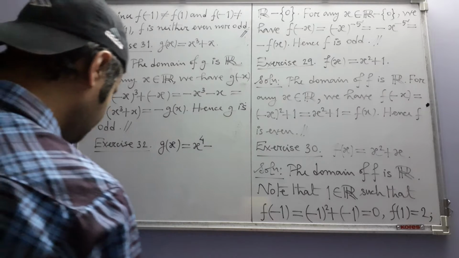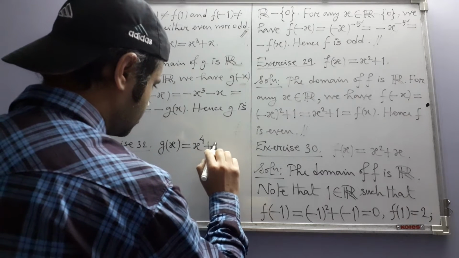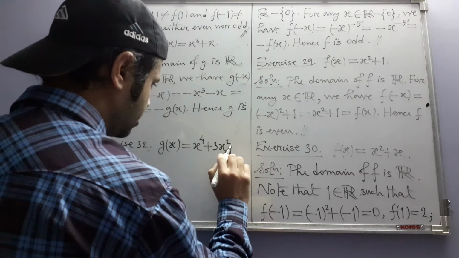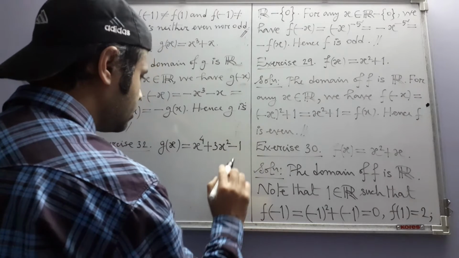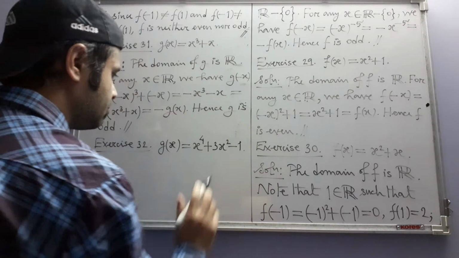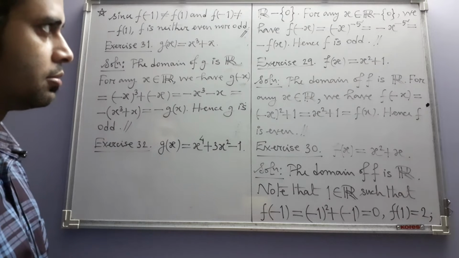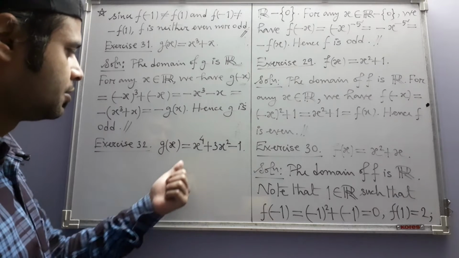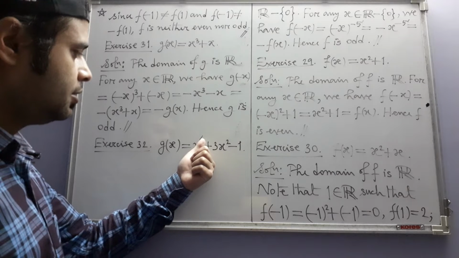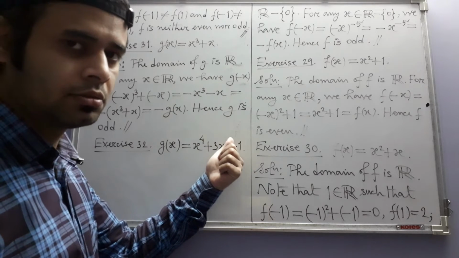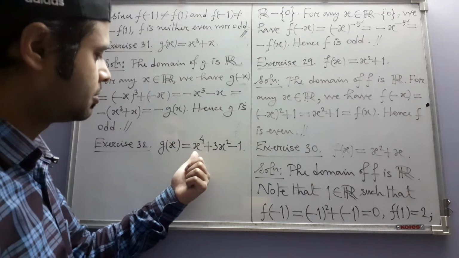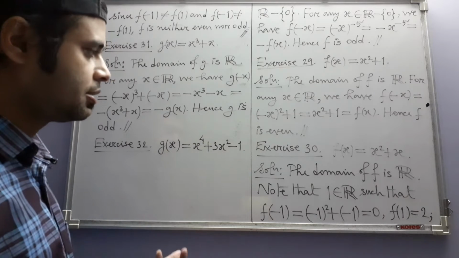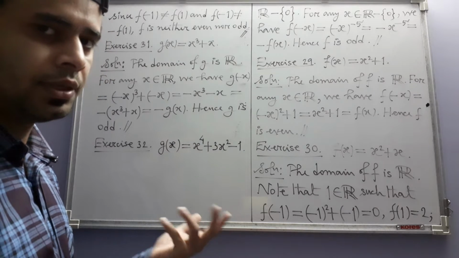x to the power 4 plus 3x square minus 1. Looking at the formula for the function itself, you can pretty much guess what the function is going to be. If you see even exponents 2, 4, 6, etc., then the function is likely going to be even.